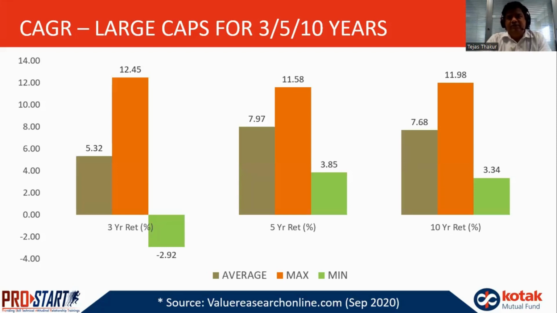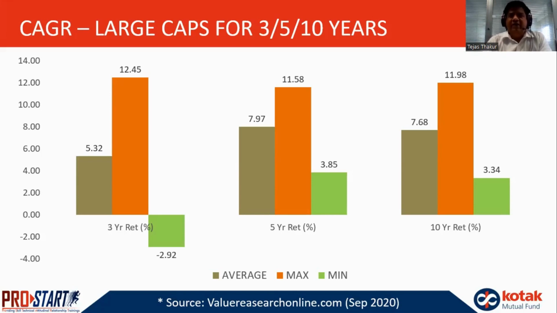Now, assume that somebody is investing for 3 years, expecting a return of around 12.45, and he or she gets a return on a 3-year average at minus 2.92. What will happen to the financial goals? What will happen to the person's conviction in investments? So this is not right. This is the fact, that the returns vary so much.